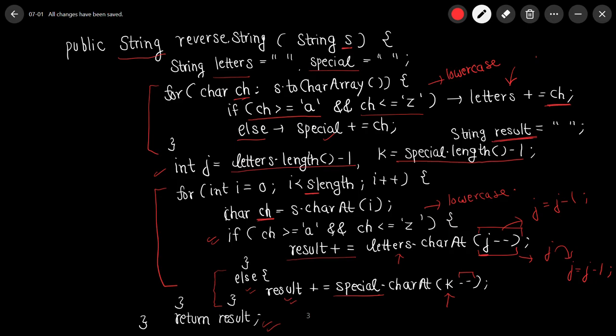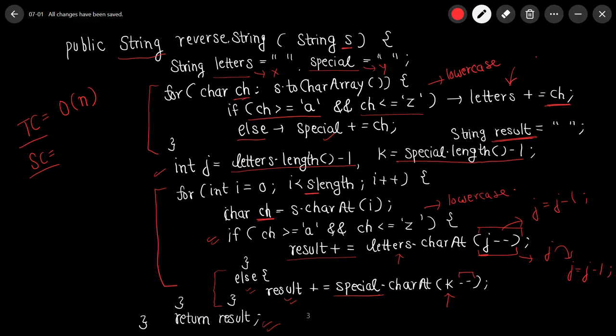So coming to the time and space complexity, since we are traversing the entire original string, time complexity is big O of n, where n is the length of the original string. And for space complexity, suppose our letter string has x characters and special has y characters.